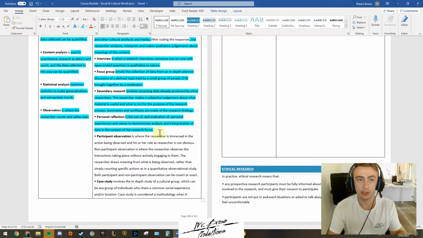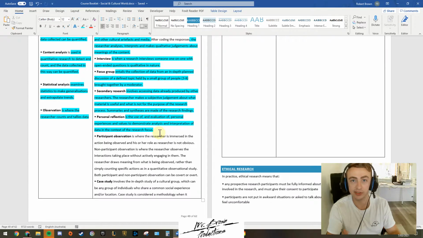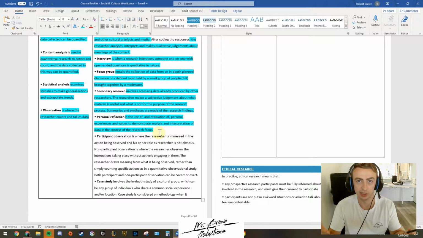You can use that as a tool of research in terms of a personal reflection. It's a relevant cultural experience to what you're doing. Obviously, you still try to remain as objective as possible, or you might have a close family member that's experienced it. So your cultural experience is relevant to the study, and you can definitely use that as evidence. And obviously, that would be qualitative in nature.